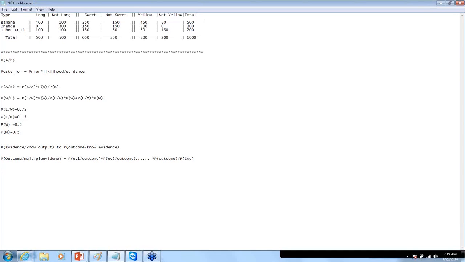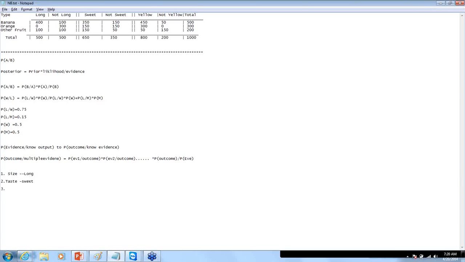Let me define those characteristics here. One characteristic is size: we are given whether the fruit is long or not, just simple. The second is taste, whether a fruit is sweet or not.